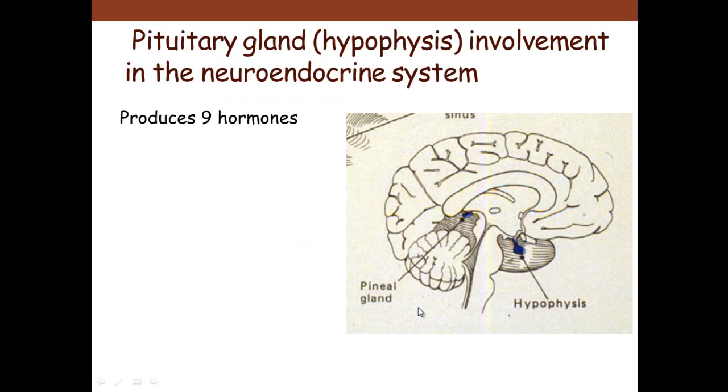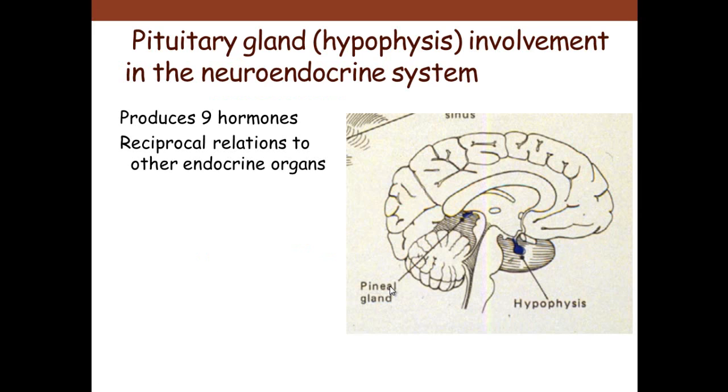Now the pituitary gland is involved in the neuroendocrine system. And how is it done that way? One, it produces 9 hormones, and it has a reciprocal relationship with other endocrine organs. It produces hormones that stimulate something, then those organs produce a hormone which inhibits that stimulation.